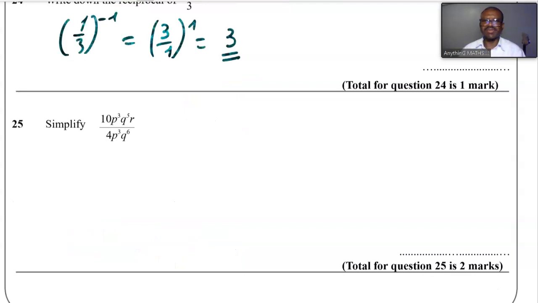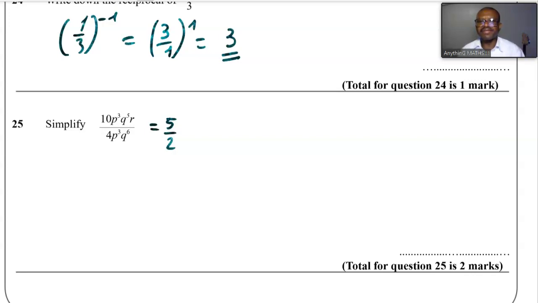We come to the last question. Now, you got to be very careful. Here, the common factor between 10 and 4 is 2. So we end up getting 5/2 here. And we have p raised to the power 3 divided by p raised to the power 3. So they will cancel out.